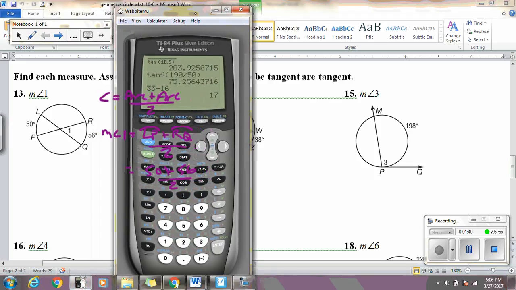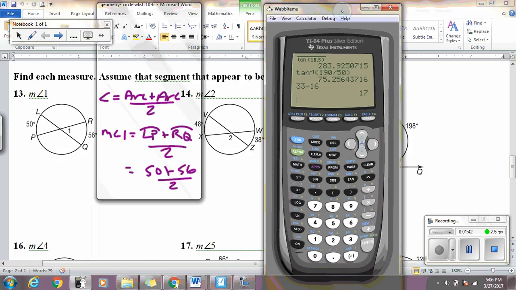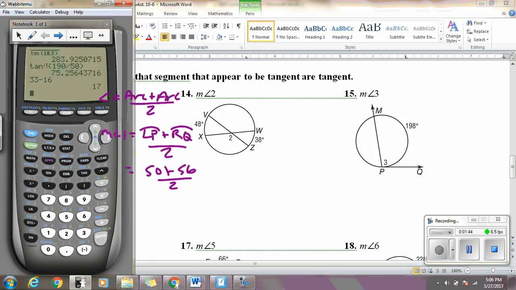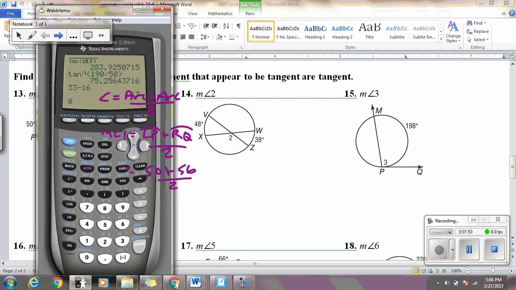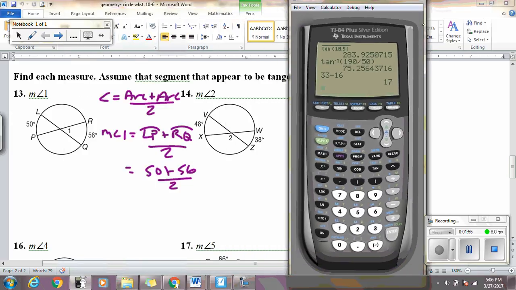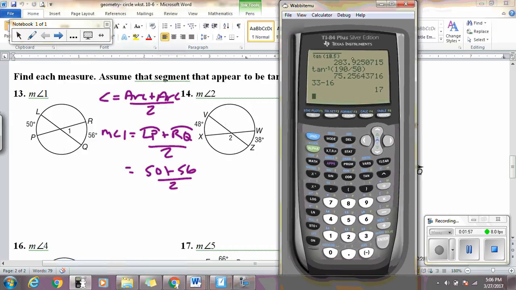It is very important that you understand what arcs are related to the angles. I like to think of it as the angle giving the arc a hug. So if the angle is not hugging the arc, then you cannot use it in the formula, and vice versa.